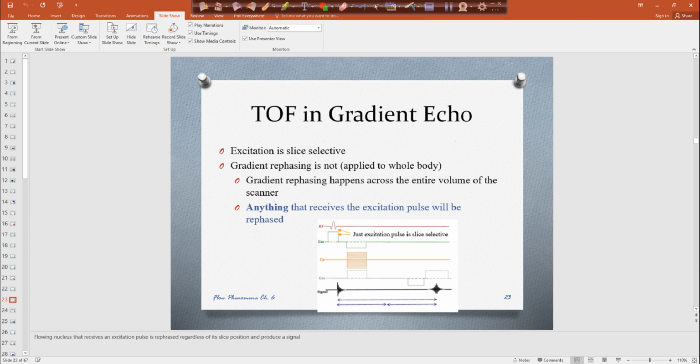All right, so here, excitation pulse is the only thing that's slice selective. So we're just exciting that one slice on the initial excitation pulse, but then look, that slice gradient is not being turned on later on.